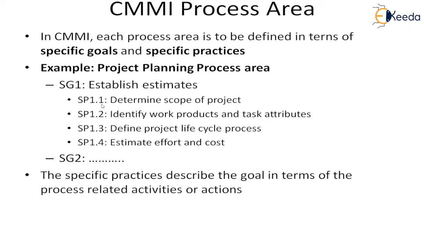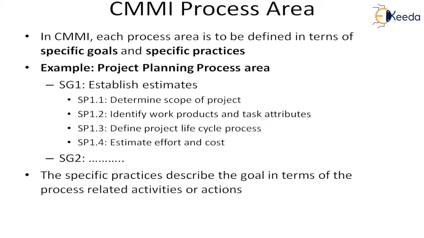SP 1.1 says determine the scope of the project, and SP 1.2 says identify work products and task attributes within this scope. Then we also define the life cycle process, or the process model, that we will follow.